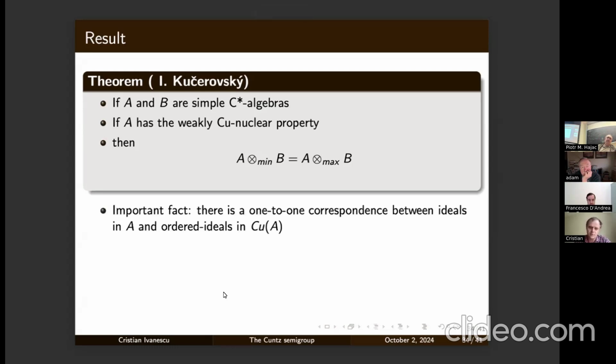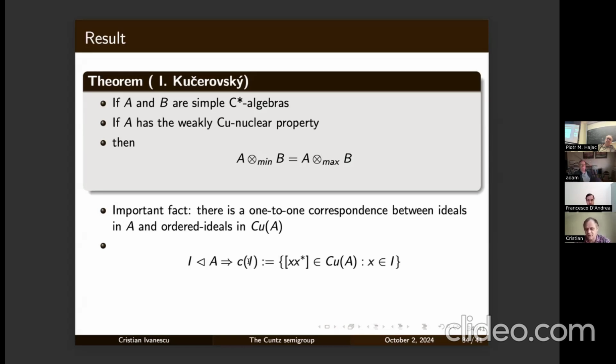Now an important fact that is being used here is that there is a one-to-one correspondence between ideals in A and ordered ideals in the Cuntz semigroup of A. This is actually very important when we approach this result. To see this, if you have an ideal I in A, then you can get an ordered ideal.